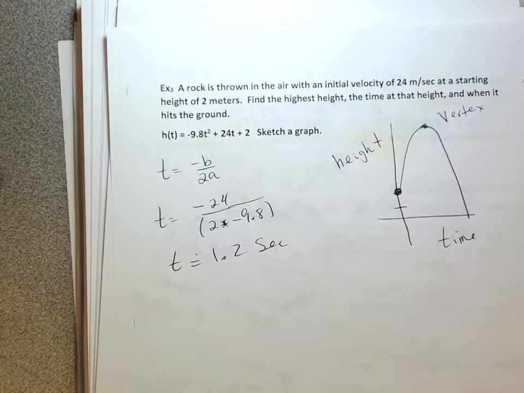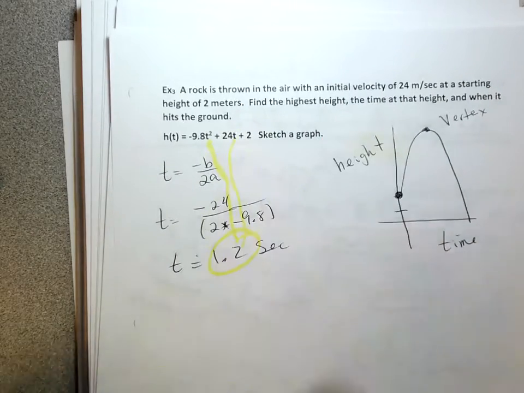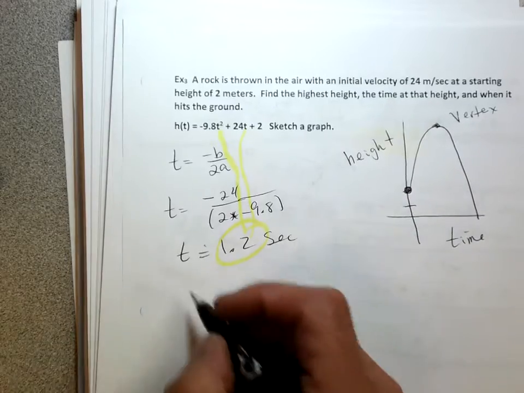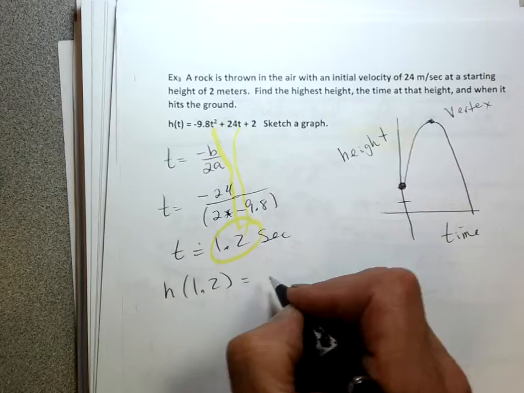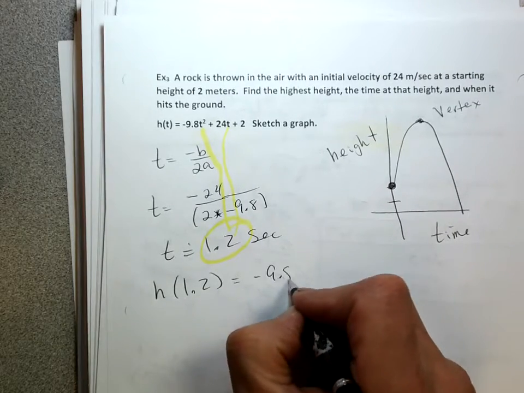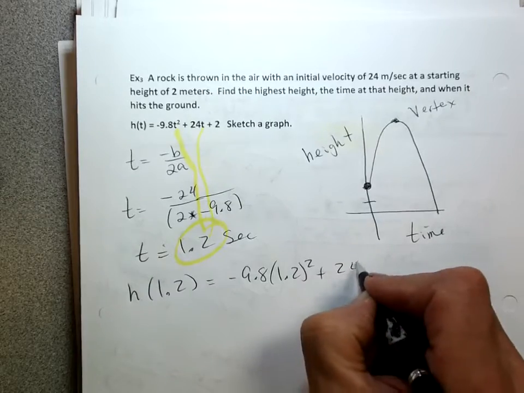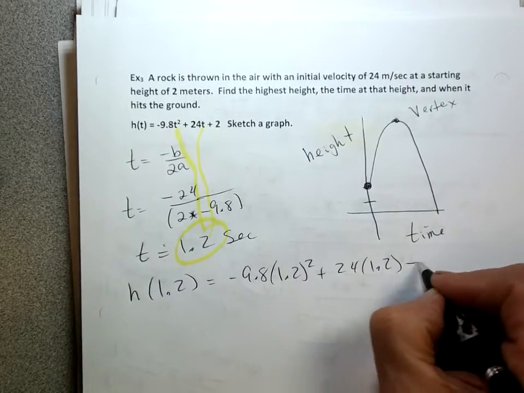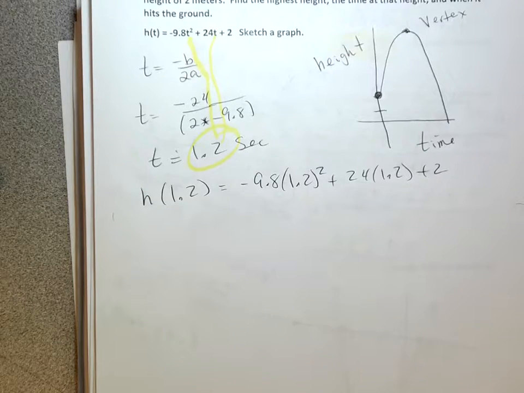What is that highest height? Well, to get the highest height, let's plug it in. Okay, so we're going to let the calculator do the work, though. H of 1.2 is equal to negative 9.8 times 1.2 squared plus 24 times 1.2 plus 2. And I'm going to let the calculator crunch the numbers, right?